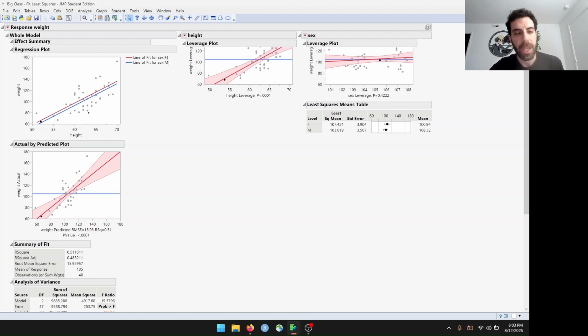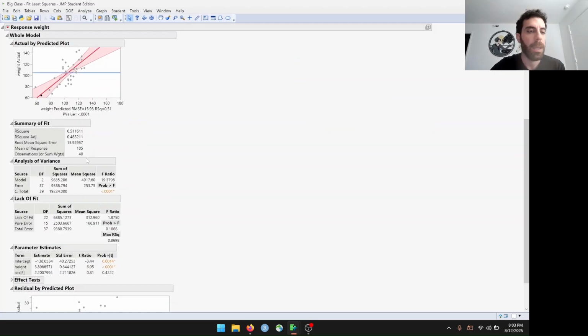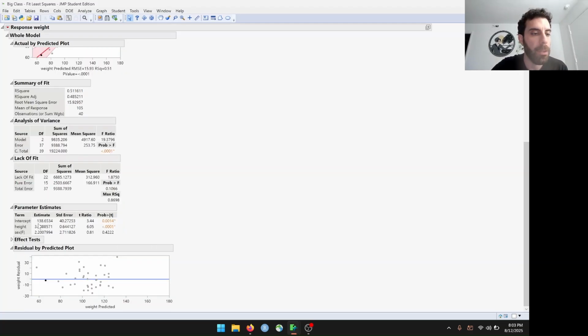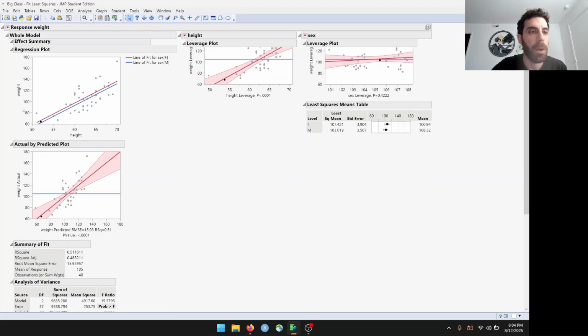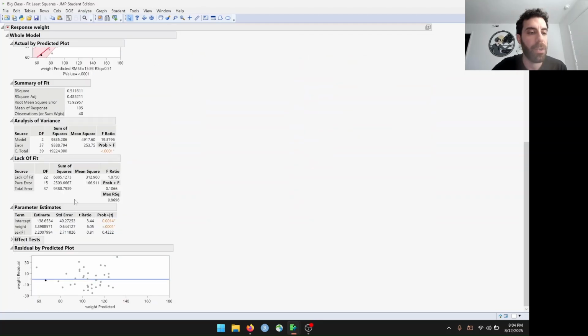So it looks like every inch in height, in terms of your predicted value, not, there's going to be noise in addition, corresponds to an increase of about 4, and the units we're talking about in weight looks to be pounds. So for every 1 inch gain in height, it corresponds to about 4 pounds. And we see that that's highly significant here.